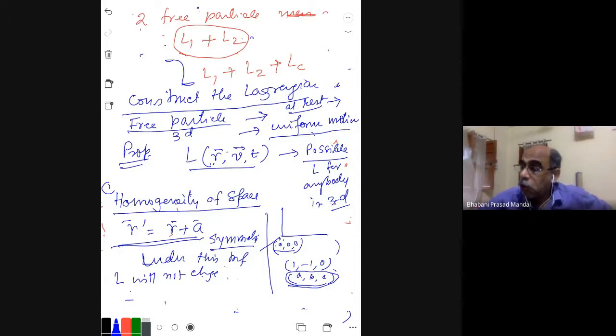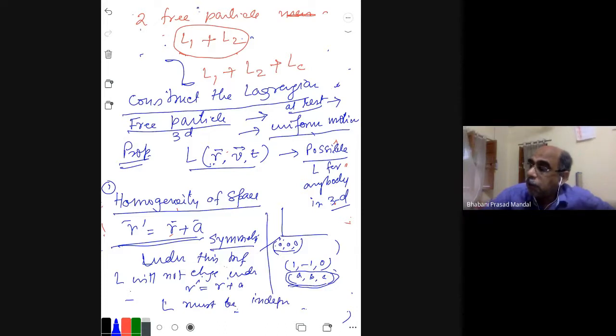Then this Lagrangian will not change under r prime going to r plus a. That means this L must be independent of r. So I started with the most general Lagrangian in 3 dimensions.